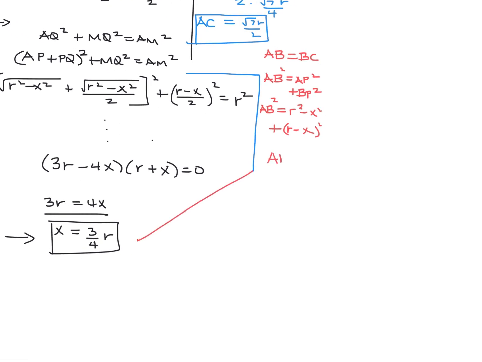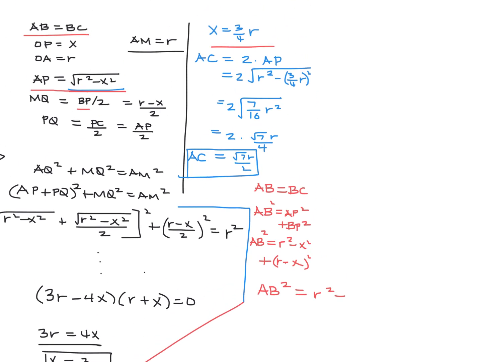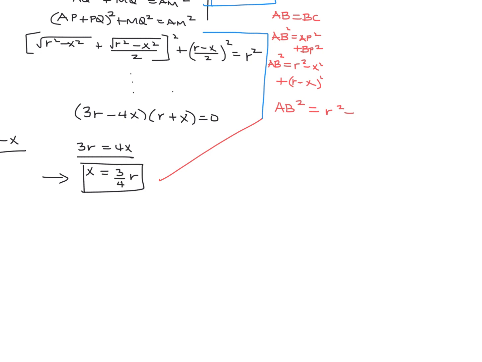So AB squared would be R squared minus X squared. Oh, let's put in the value for X. It's this guy, right? 3 over 4 R. So if you square it, it would be 9 R squared over 16. And then this guy, R minus X, 3 over 4, 1 minus 3 over 4 would be 1 over 4, so that'd be R over 4, all squared.